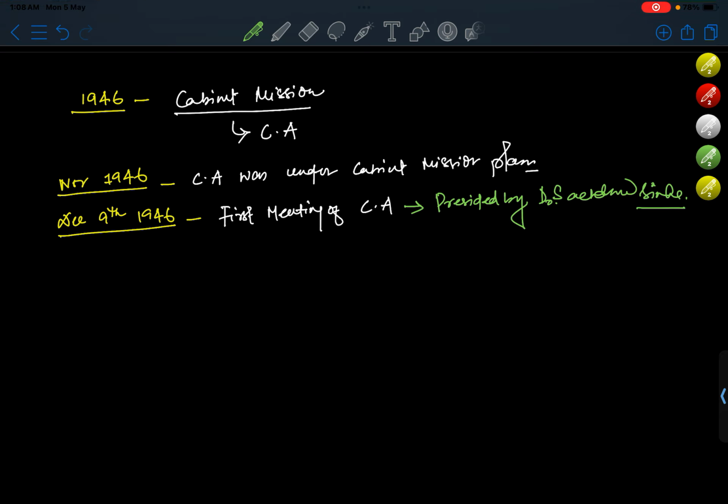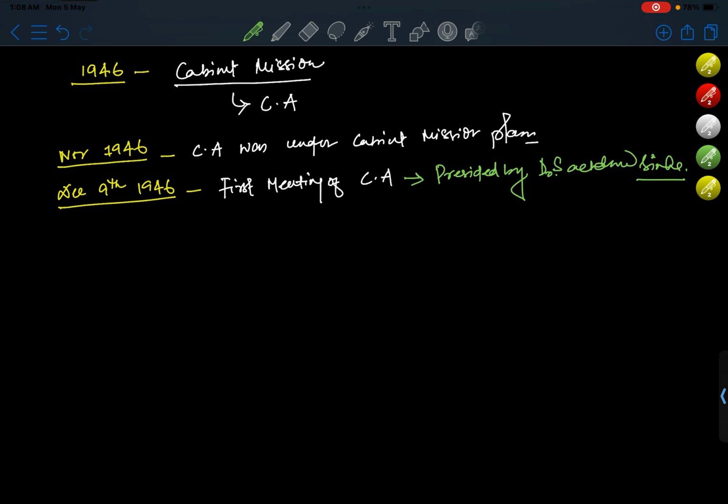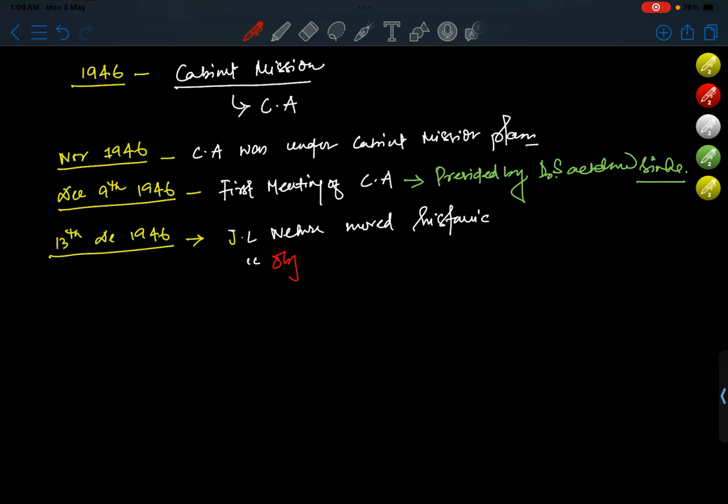Next, now you see the timeline, 9th December it was. Next is 13th December 1946. On 13th December 1946, Jawaharlal Nehru moved the historic Objective Resolution.